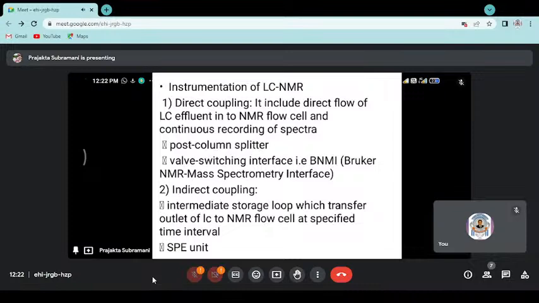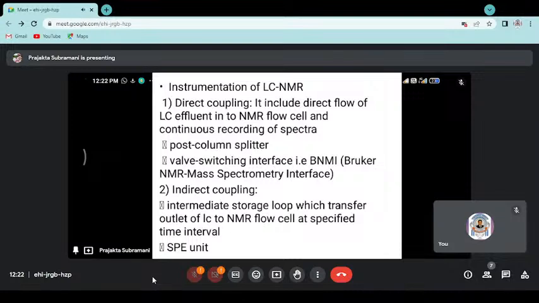Then the next one, indirect technique, where the SPE unit is used. The SPE principle is solid phase extraction. It involves the separation of components of a sample in solution through their selective interaction with a solid adsorbent or solid sorbent.